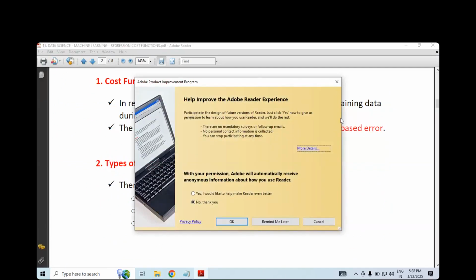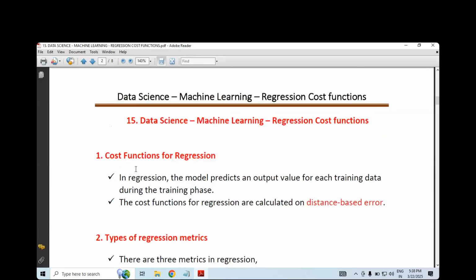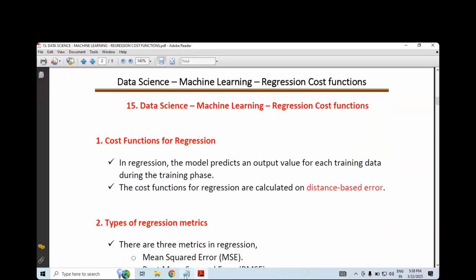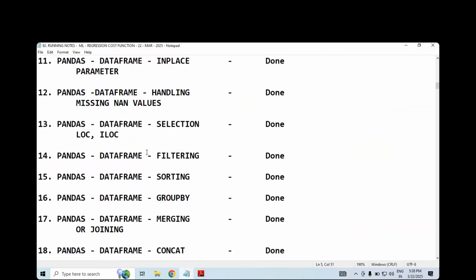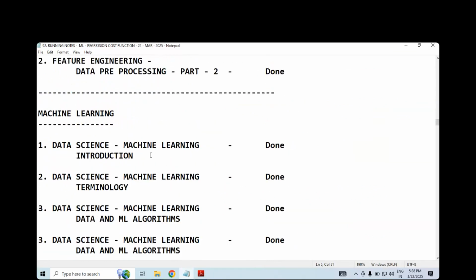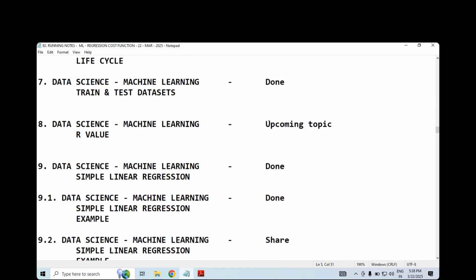What is this? Maybe yesterday I already explained the point. What is that point, sir? Sir, we did this.